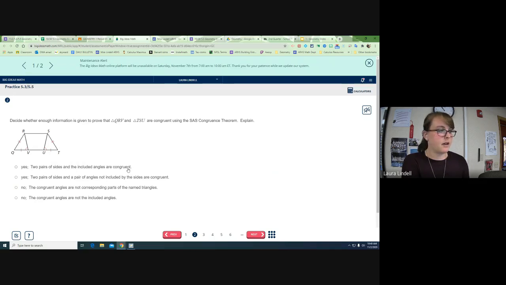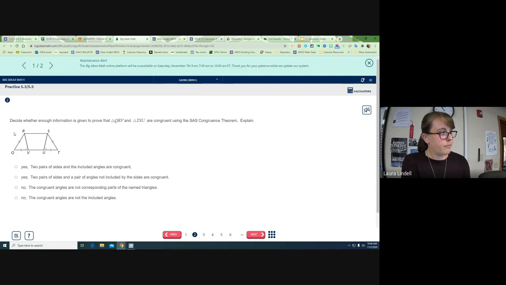That would be the yes option. Two pairs of sides and a pair of angles not included by the sides are congruent. That would be another yes option. No, the congruent angles are not corresponding parts of the named triangles. That's one reason it could be no. Or no, the congruent angles are not the included angles. That's kind of like example 4 that we looked at.